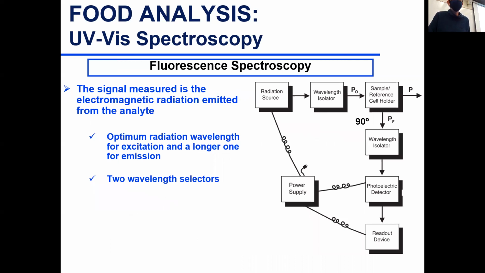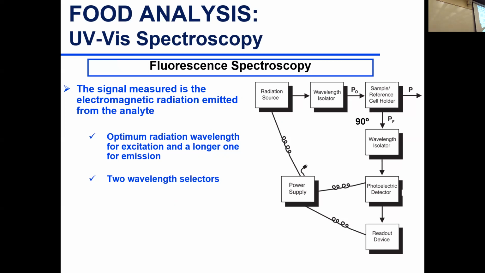Okay, lastly here, fluorescence. The design of the fluorescence spectroscopy or spectrophotometer. What happens here is the same thing. You have the radiation source, you have wavelength isolated, either a filter or a monochromator, and you select for the lambda max where you get the maximum absorption.